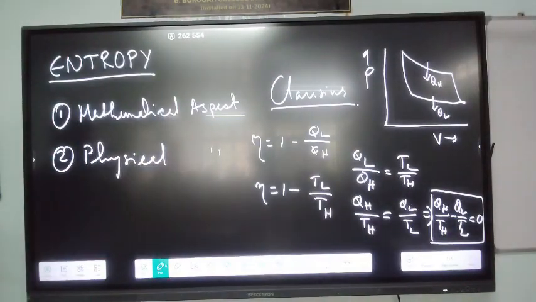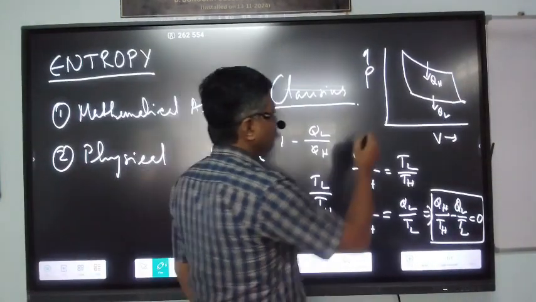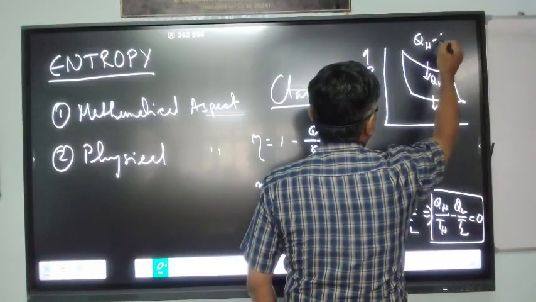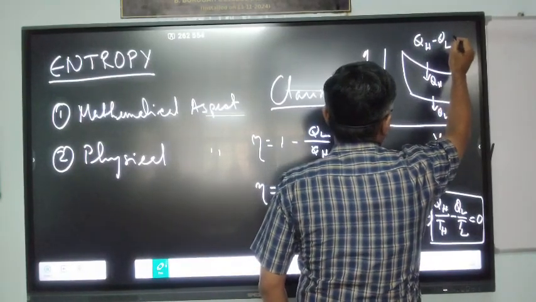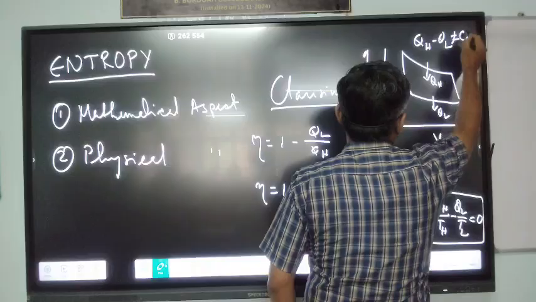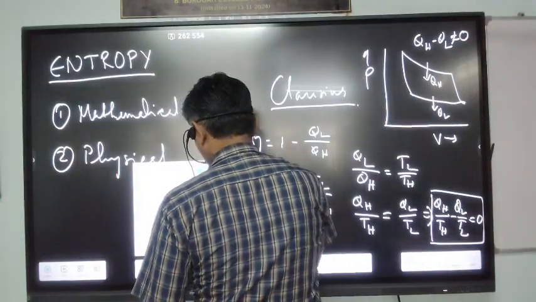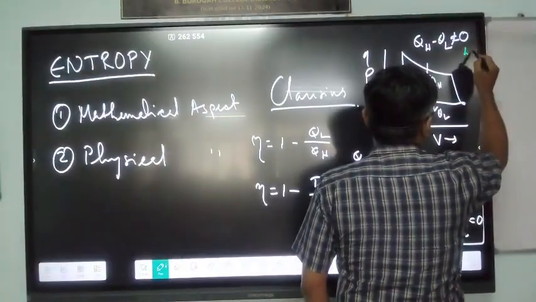So during one cycle, QH minus QL is not equal to 0. In fact, it is equal to the work done, W.